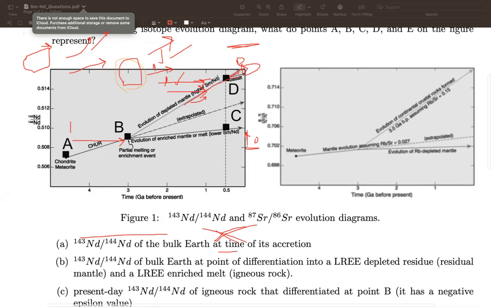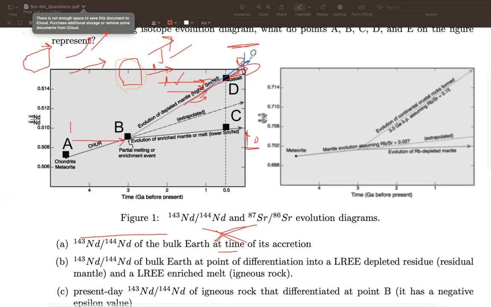Well, I'll take a different color. You can extrapolate this line up to a point like here, so that you hit the 0 Ma axis, right?